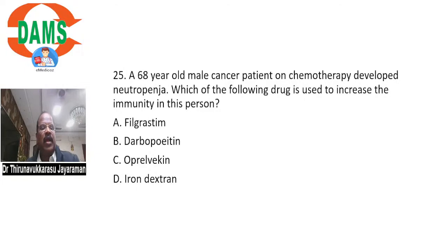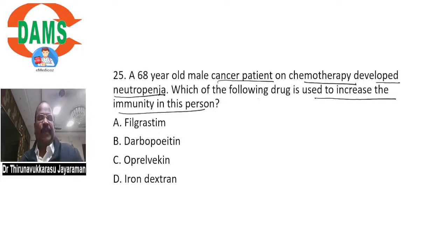Next, a 60-year-old male cancer patient on chemotherapy developed neutropenia. Which of the following drugs is useful to increase the immunity in this patient? The patient following cancer chemotherapy developed myelosuppression in the form of neutropenia.